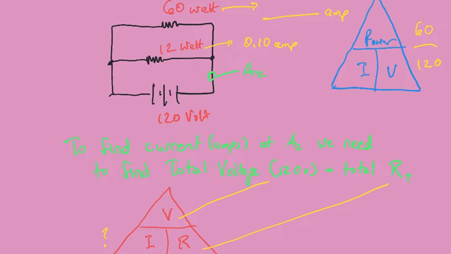We want to find the current right here by taking the power, which is 60 watts, and divide by the voltage, which is still 120, okay? So I want you to use your calculator, get a decimal answer, and write that down. That's not our final answer. That's not the answer for part B, but it's a step toward finding the answer. Okay, so do that math right now.